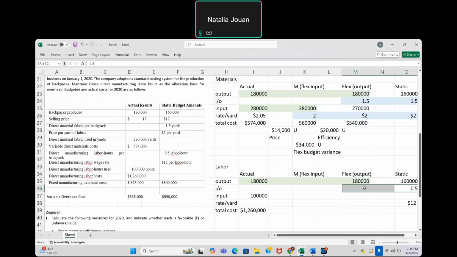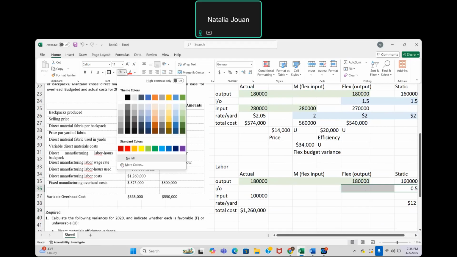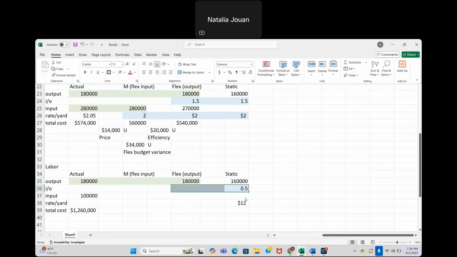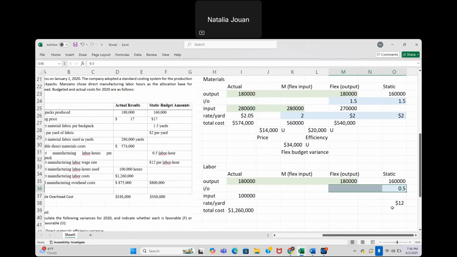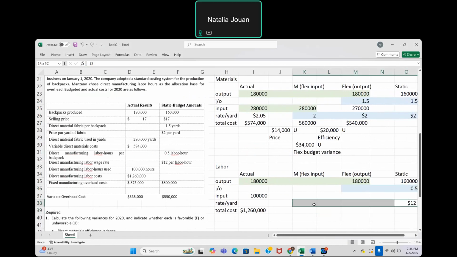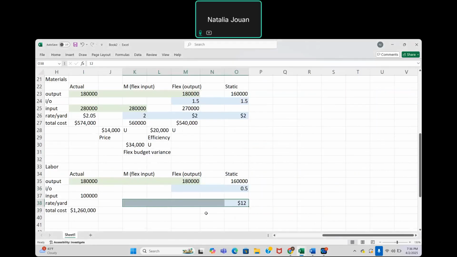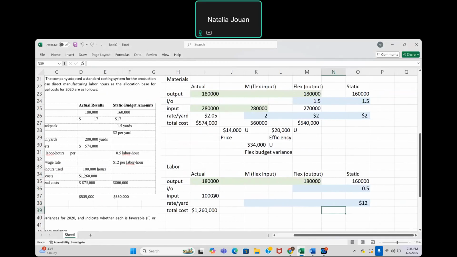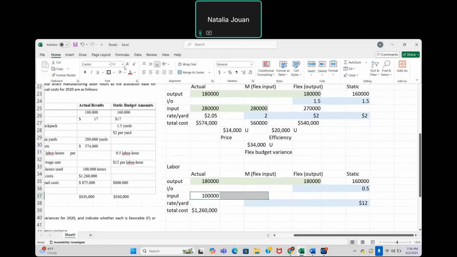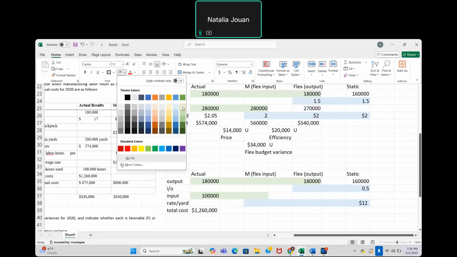So again, let's bring this in once. And let's bring the 12 in all the way to the flexible input. And we're going to bring this 100 over once to the flexible input.